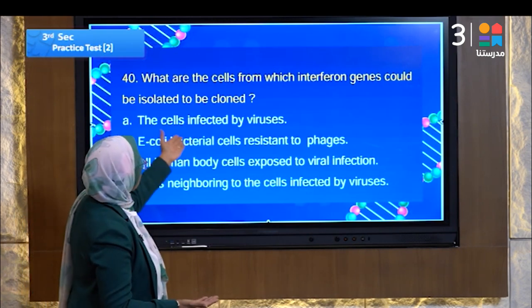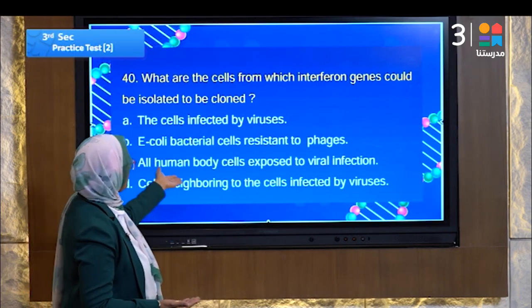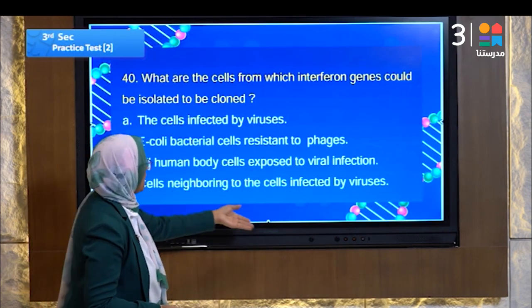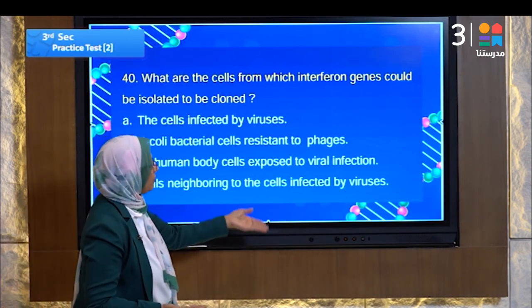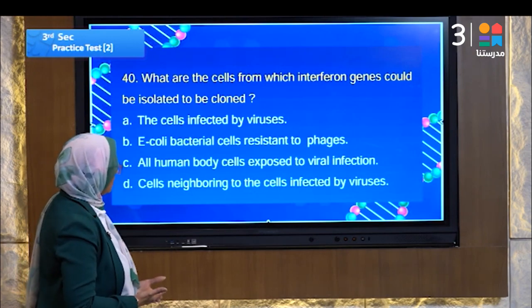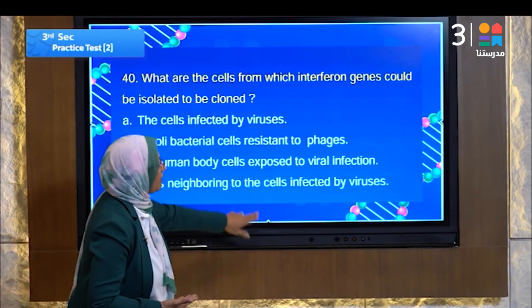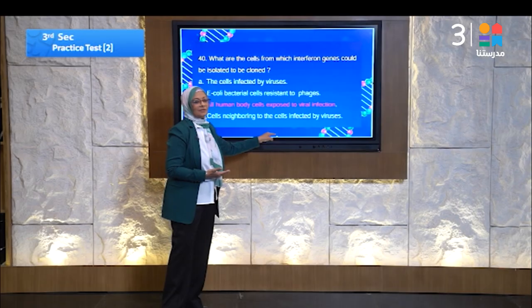A, the cells infected by virus. B, E. coli bacteria, cells resistant to vaccines. C, all human body cells exposed to viral infection. D, cells neighboring the cells infected by virus. Yes, all human body cells exposed to viral infection.